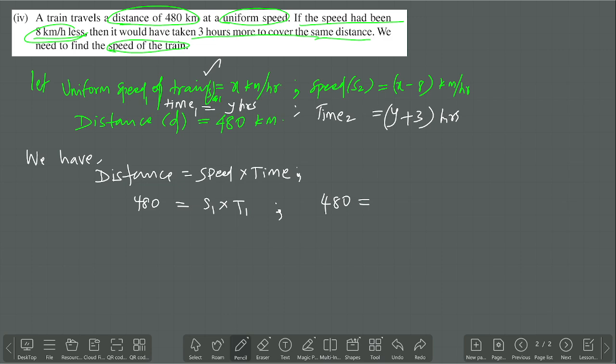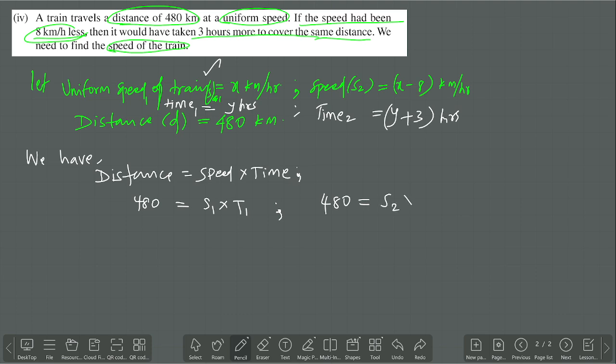Whether I go home faster or slower, whether I reach in 5 minutes or 10 minutes, the distance from our school to my home never changes. Like that, here also the distance will be the same. Do you understand what I speak?